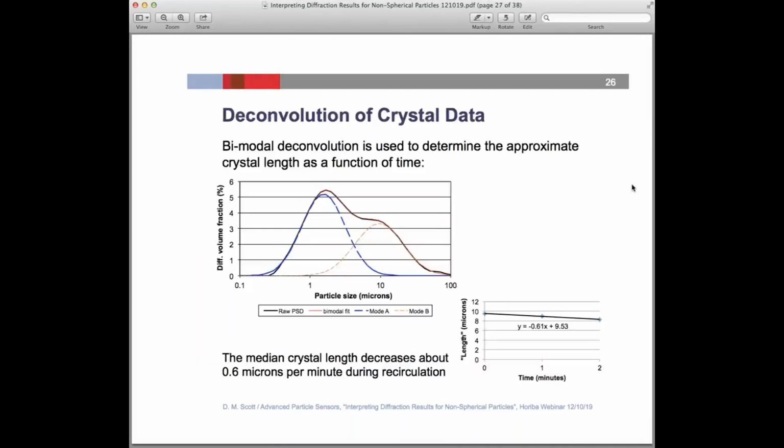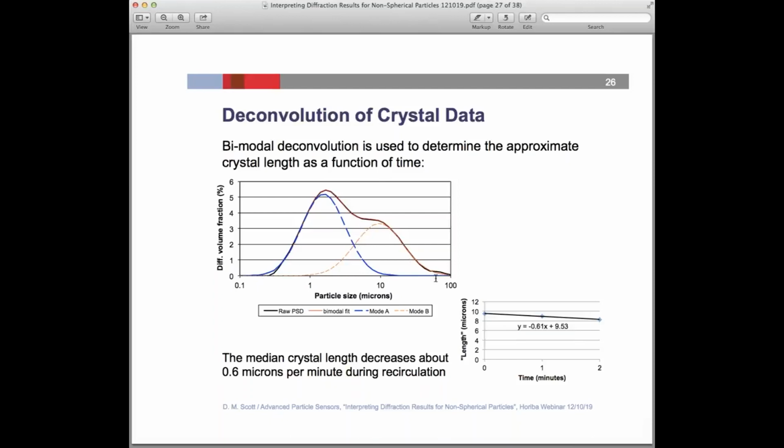Here's a deconvolution of that same crystal data. Here again, I've taken a bimodal deconvolution, and I should say it's a bi-log normal model that I'm using. You can see the raw PSD, which is reported by the instrument, is shown in black. Then there's a mode A, shown in blue, and a mode B, shown in orange.